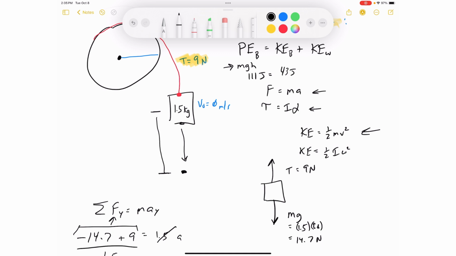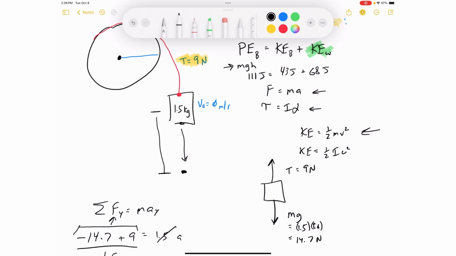And then the only thing you have left is the kinetic energy of the wheel. All you have to do is take the 111, subtract the 43, and you end up with the kinetic energy, because 43 plus something has to equal 111. And that ends up being 68 joules.